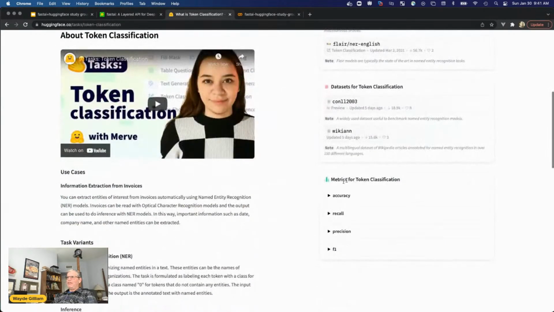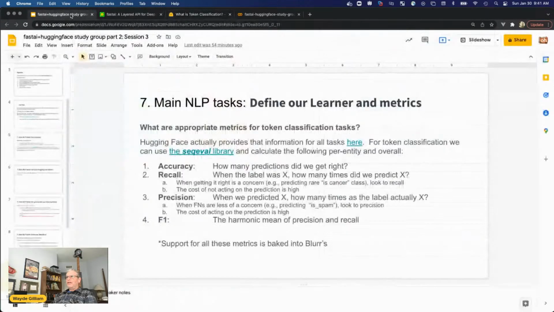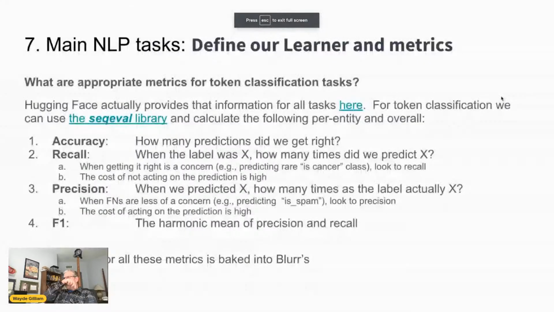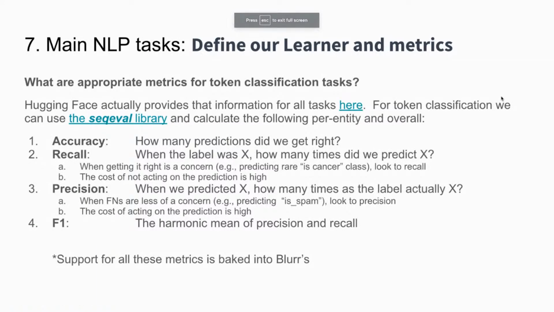But yeah, so it mentions what are the key metrics, and it's going to be no surprise that when you look at Blur, those are the metrics that we support with a custom token classification metrics class in Blur.